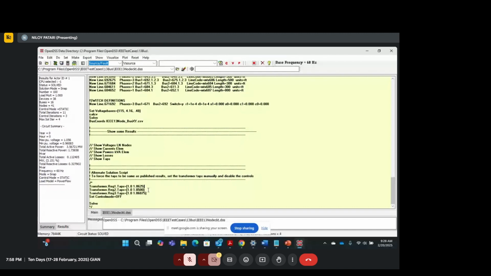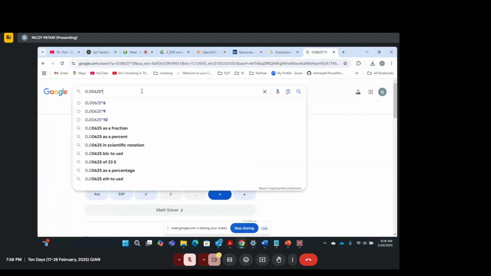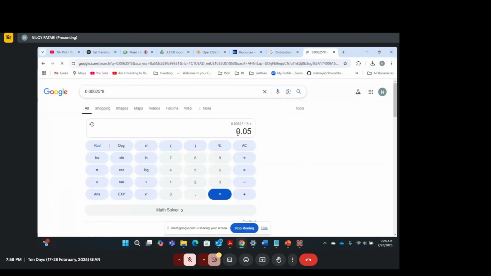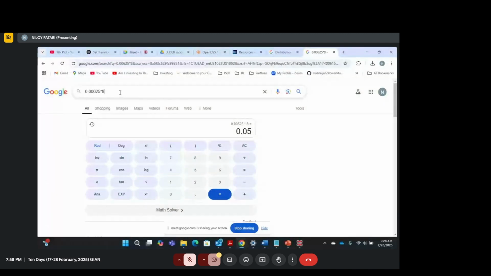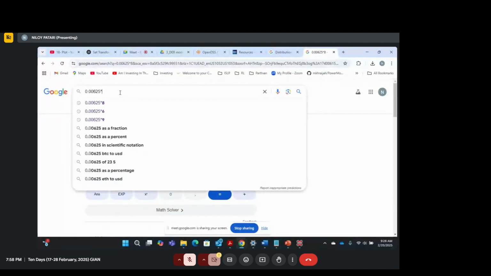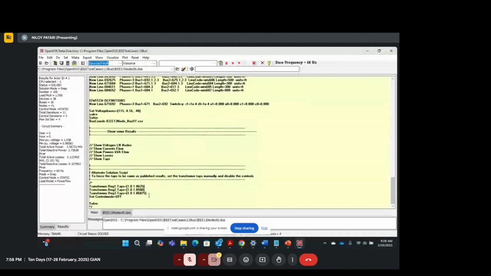If you multiply 0.00625 by 8, then it becomes 1.05, exactly here. And if it is 11, then you have 0.06875. So it exactly shows up here.